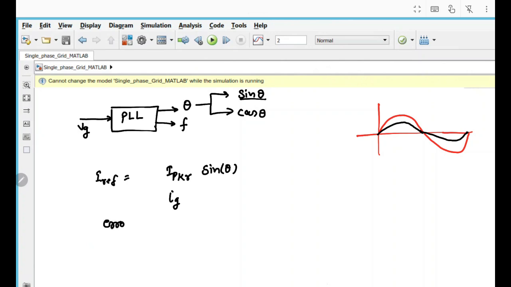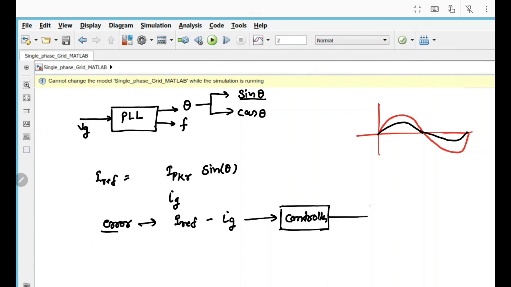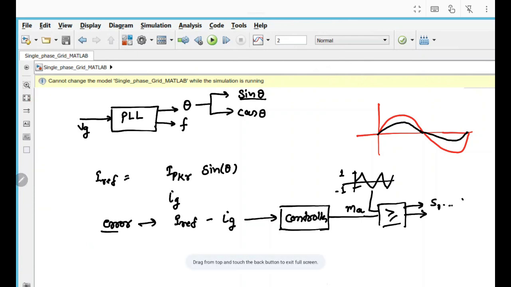So the error signal will be the reference current minus the grid current, and this error is passed through a controller, and this controller makes the steady state error equal to 0, and it generates the modulation index, and that is compared with a repeating sequence of 1 and minus 1, generating the PWM signal for switches S1 to S4. Okay, so these will be our control actions.